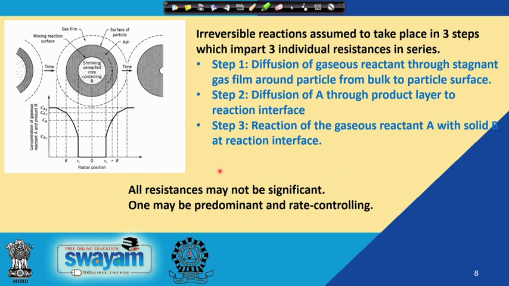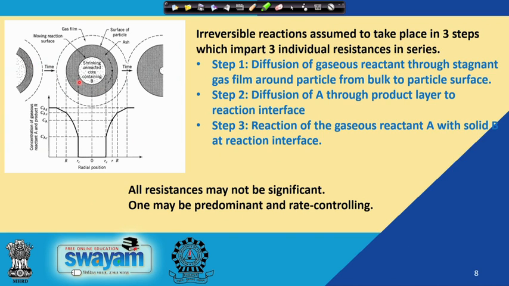We will consider this shrinking core model for an irreversible reaction, and an irreversible reaction is assumed to take place in 3 steps, overcoming 3 individual resistances in series.